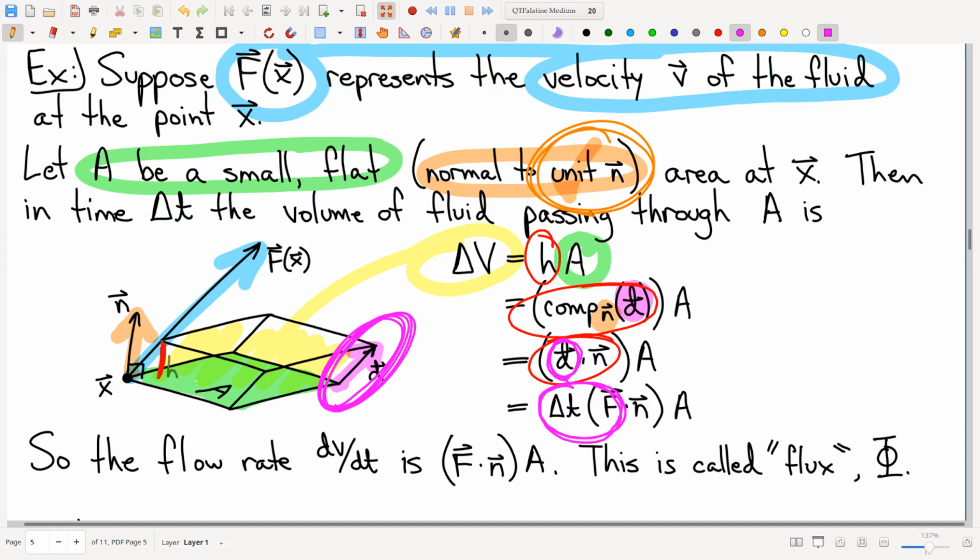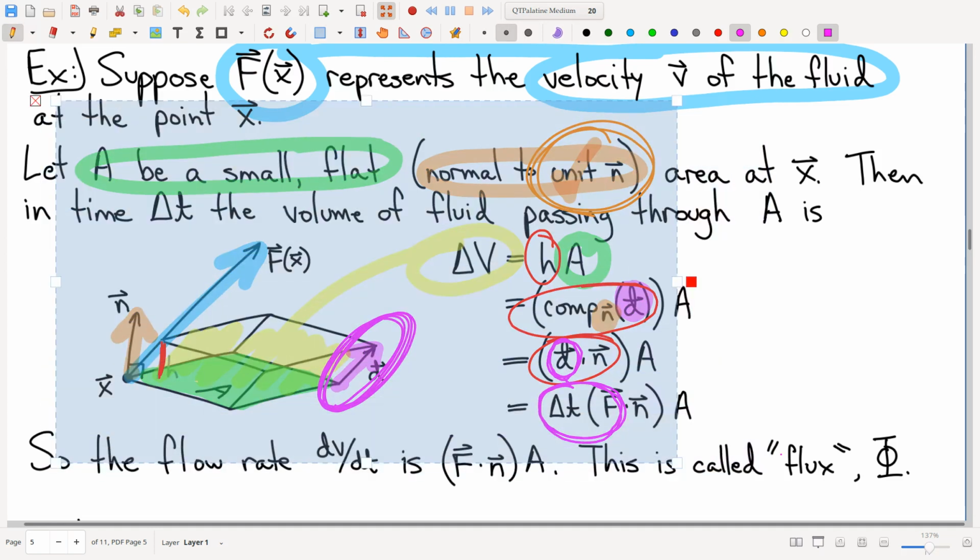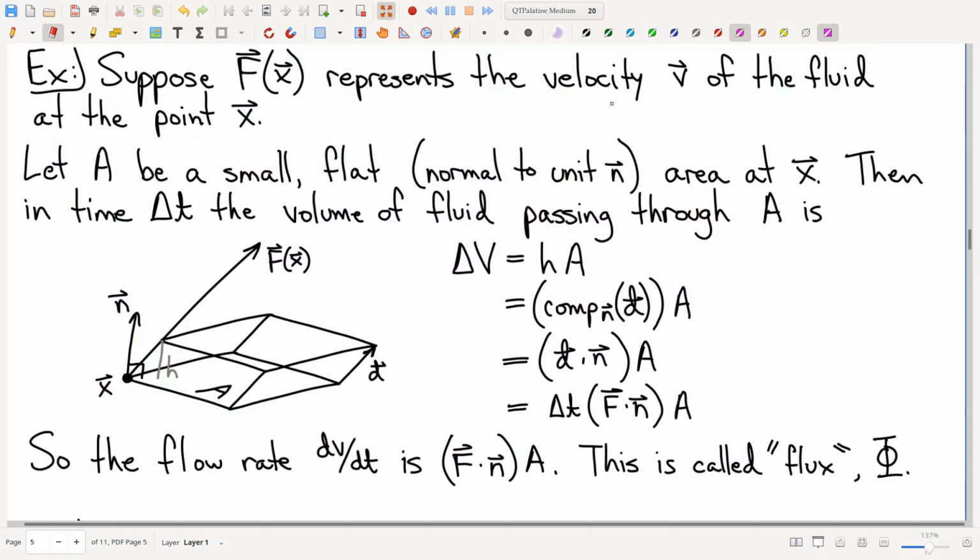All right, now I've got a huge mess on the screen. The color coding is very useful for keeping track of what's going on in the algebra and how that relates to the picture, but I am going to delete all of this now so that I can wave my hands more conveniently. To a certain point, we were asked here to compute the flow rate, volume per unit time.